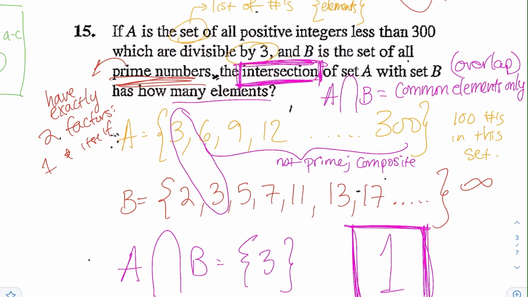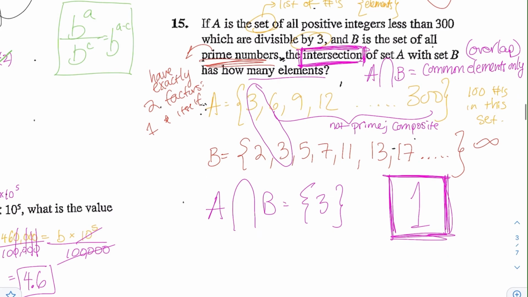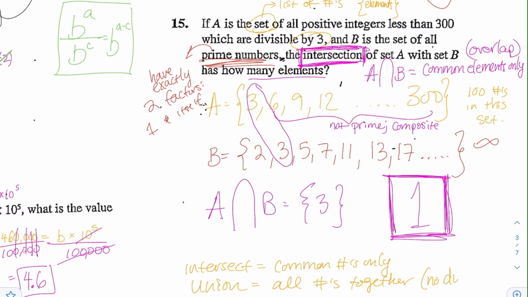Now, another word that you also need to know when you talk about set notation is union. Whereas intersection equals common numbers only, the union represents all the numbers together. It's kind of like united. They're all together, but no duplicates. So you don't double count.